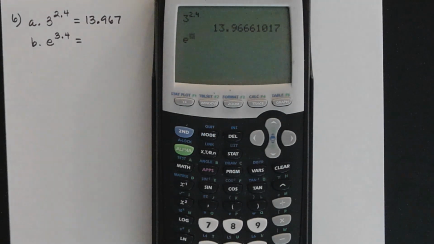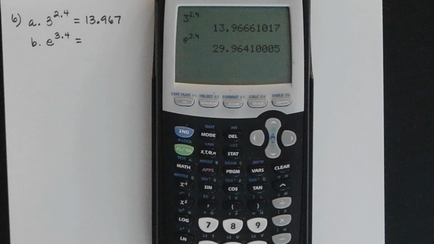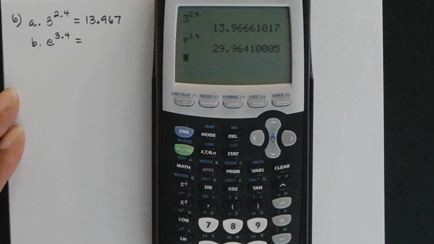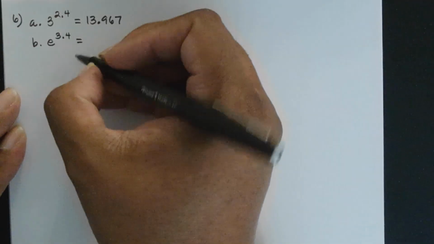Second LN, and then type in 3.4, not 2.4. The answer is 29.964.